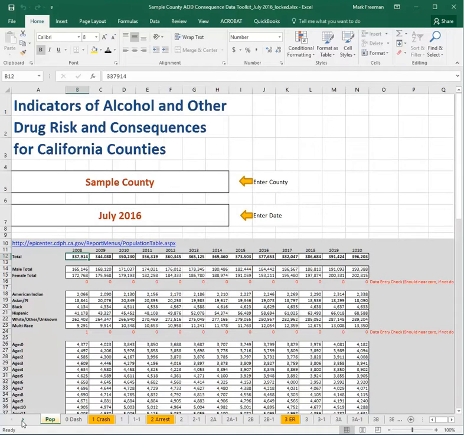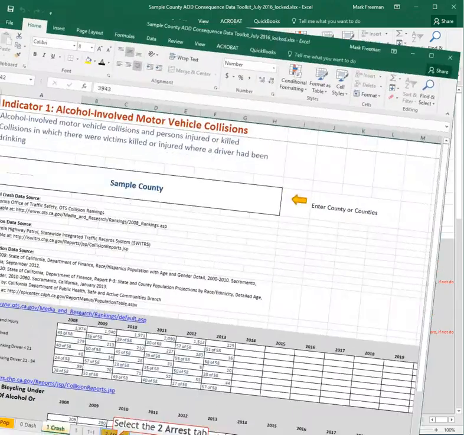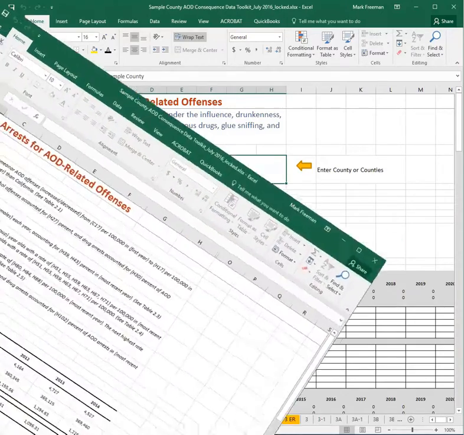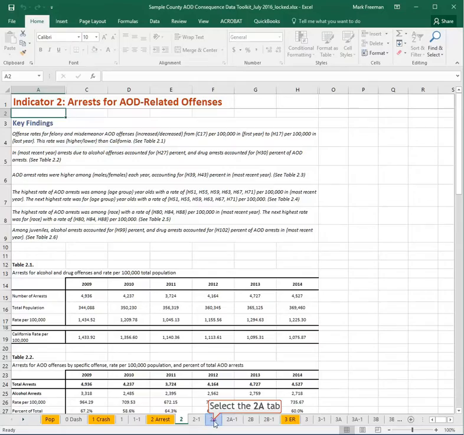Let's take a look at how the toolkit is organized. You'll need to use the tabs at the very bottom of the spreadsheet to navigate through each indicator. The arrows on the far left will help you navigate to all of the tabs. There are yellow tabs, which are the tabs that you enter data into, and the other tabs are divided into three subcategories. First, alcohol and drugs.